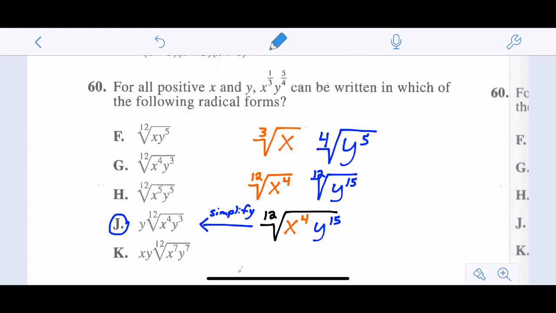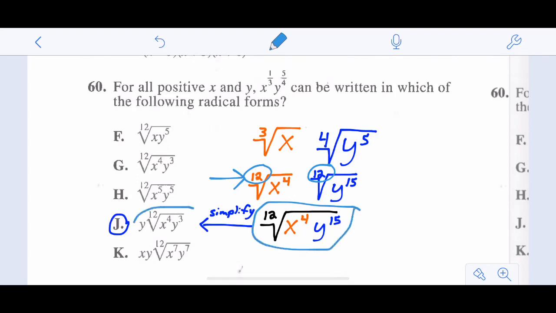You've got to get a common index, so multiply both by 4 and 3, and you get x to the 4th and y to the 15th under a 12th root, so you're getting them alike. Then you combine them. This is the easy part, and then simplify, which is what I think is the hardest part. But you get choice J.